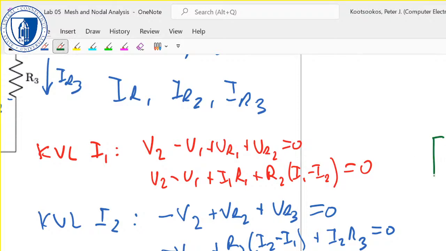So that gives me, what's that, R1 plus R2 times I1 minus R2 and minus R2 and R2 plus R3.